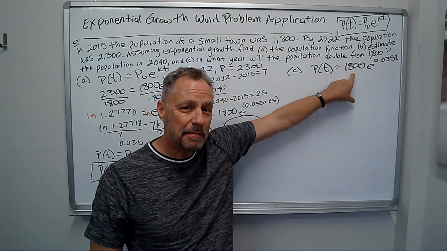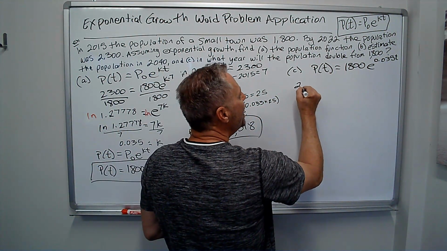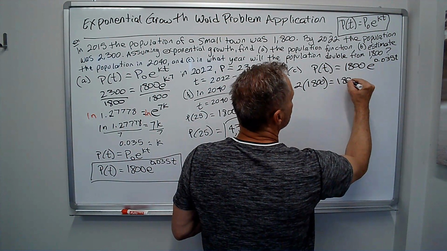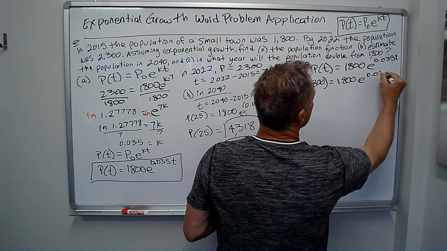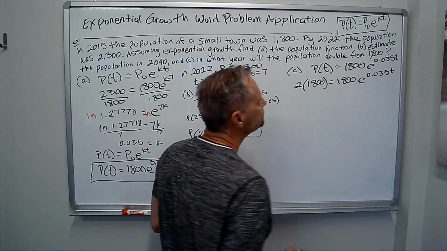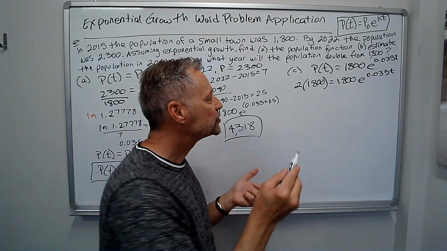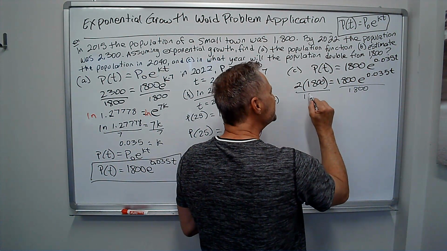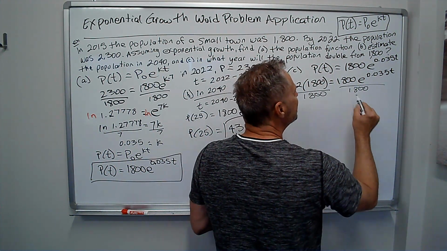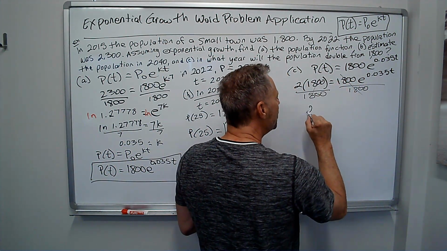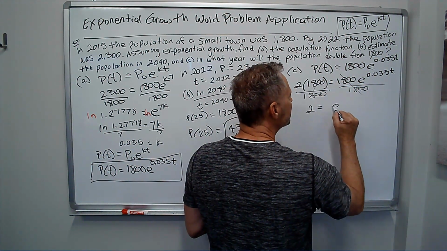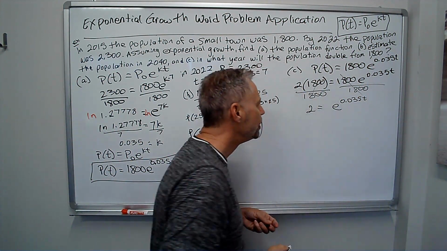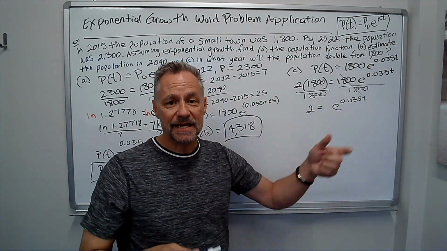Now, this number is doubled, so it's twice what it started at. Now I have to solve that and get rid of the 1,800. Notice it didn't matter what it started at. Anytime we do this, I'm always just going to get a 2 on this side if we're doubling. And so I've isolated my exponential.